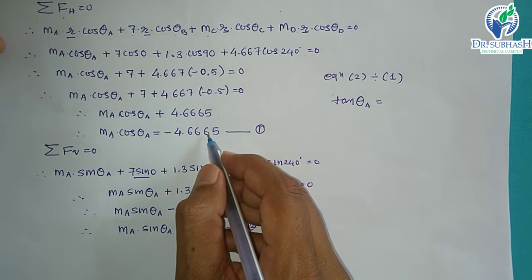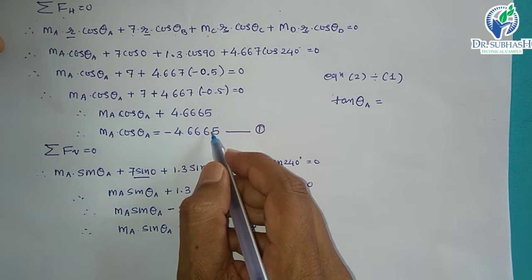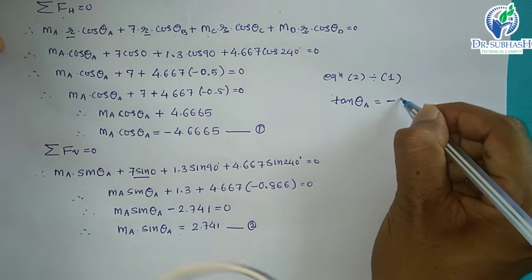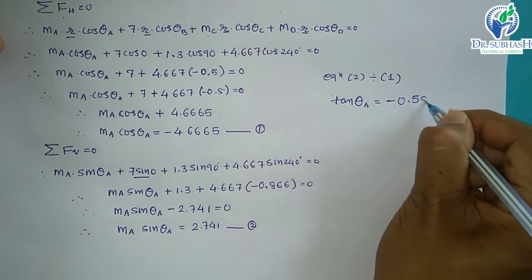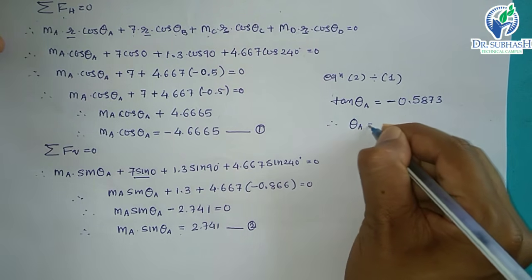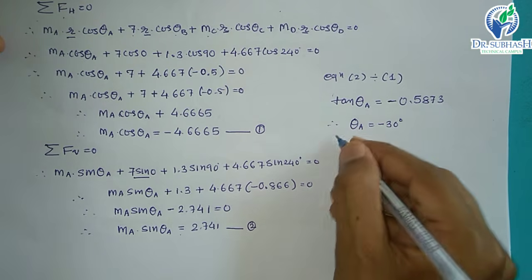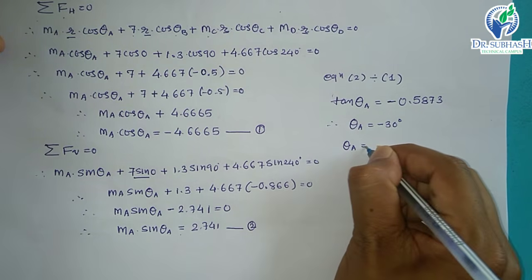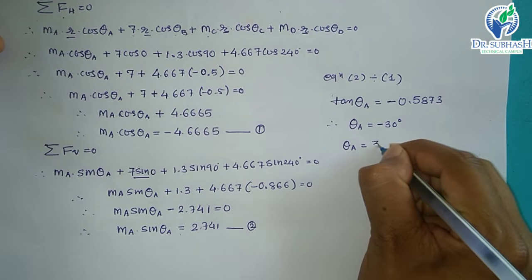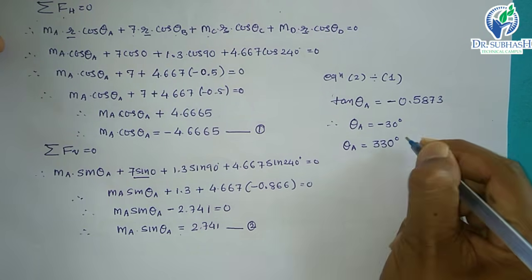So if we divide, then we get the value minus 0.5873. If we take the inverse, then we get theta a is equal to minus 30 degree. Now theta a is minus 30 degree, so minus means in clockwise direction. So in anti-clockwise direction, this value is 330 degree.